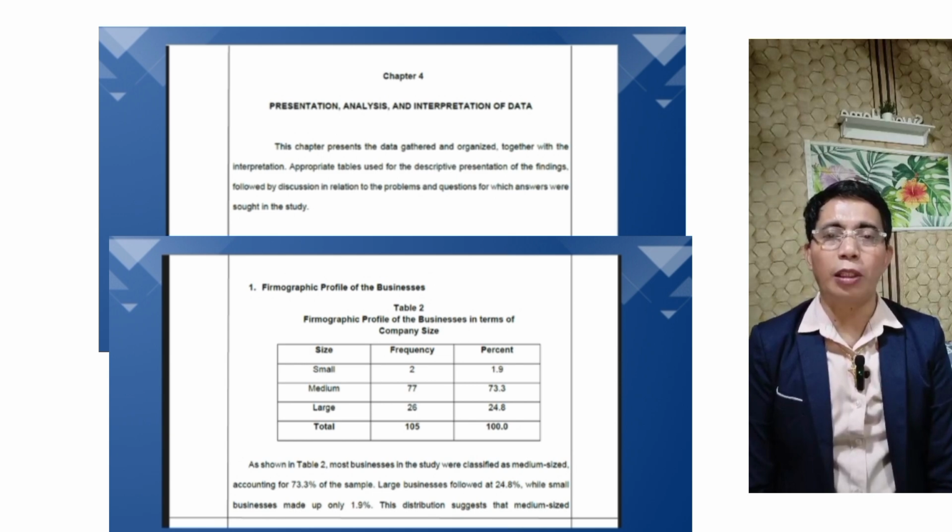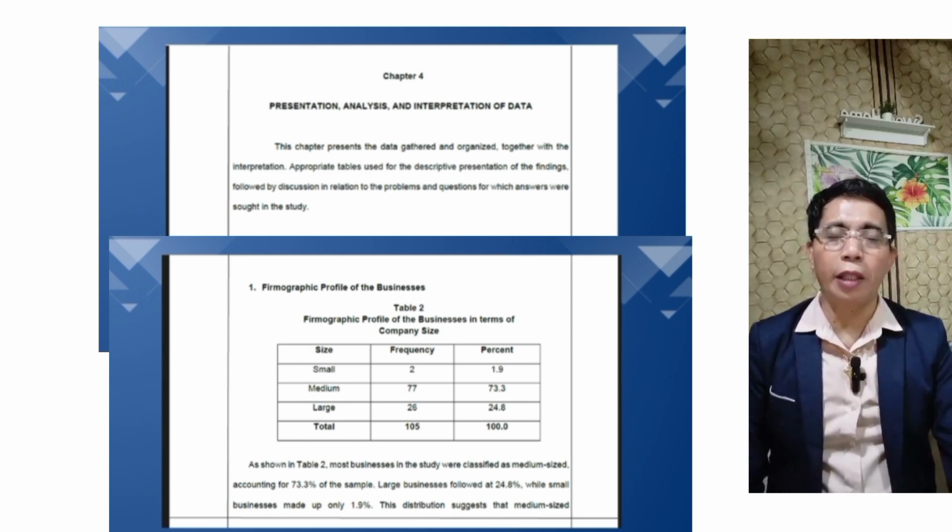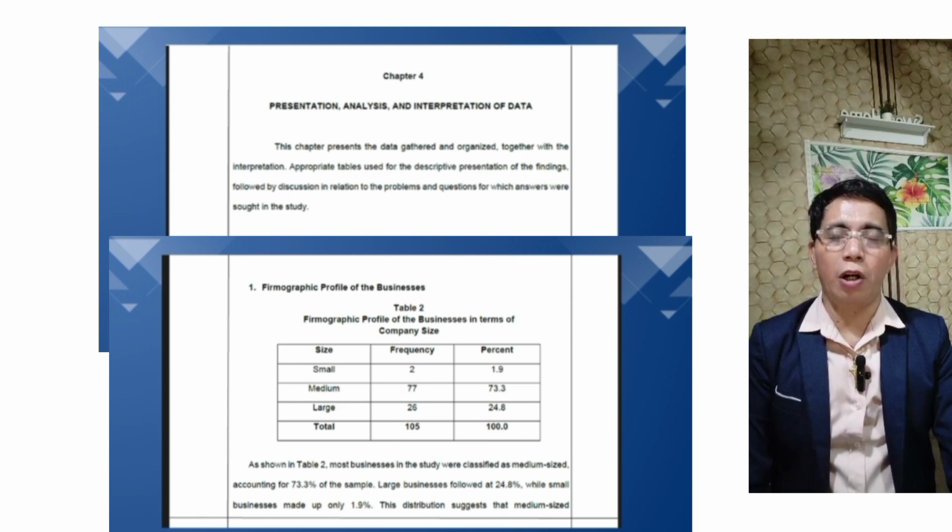That is the table title. Then it is followed by the tabular table, or the table per se. After which comes the narrative presentation of your data, presenting the whole area of the table in tabular form.